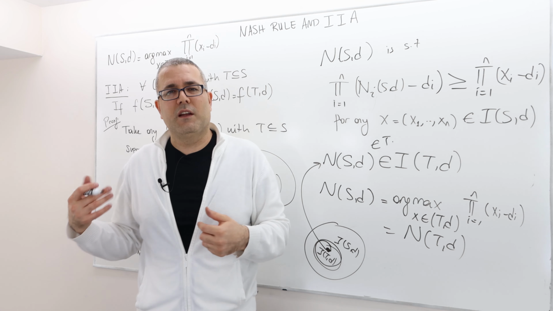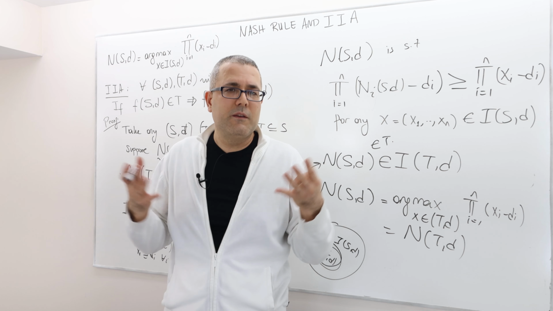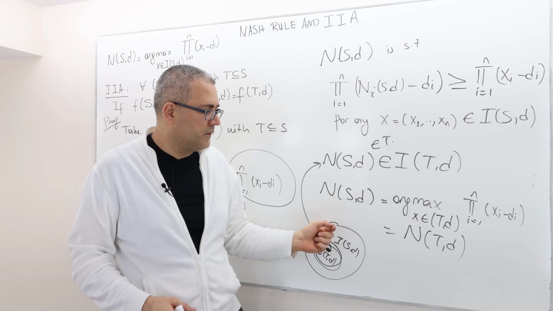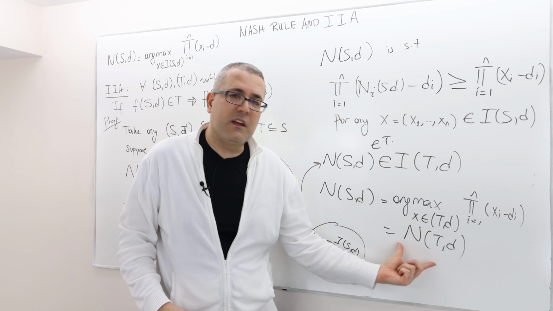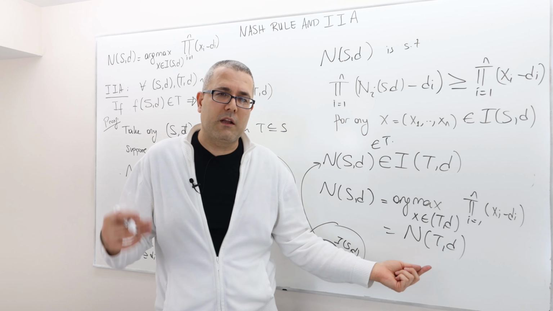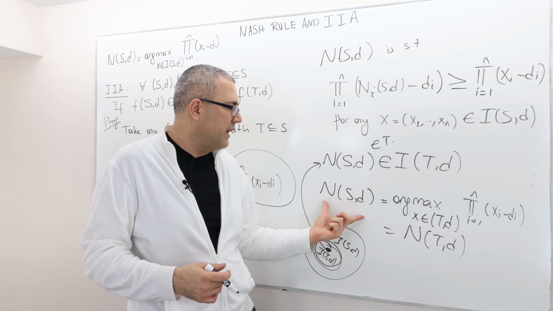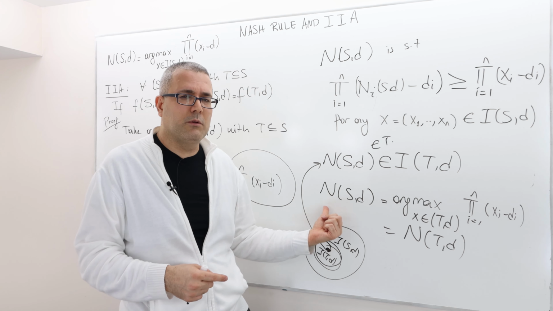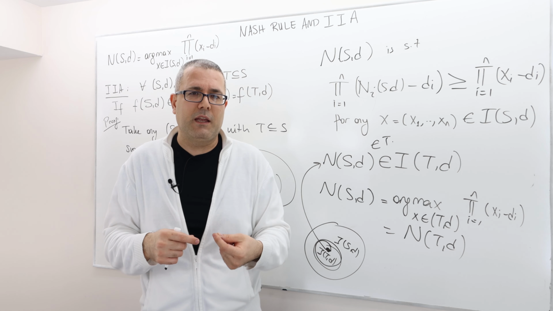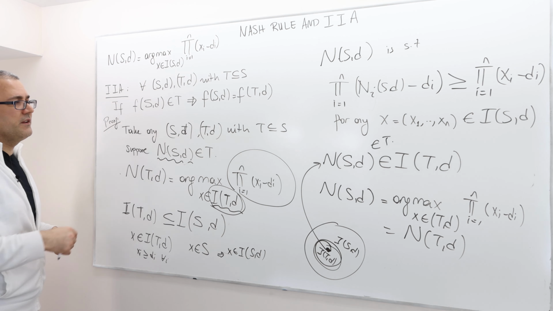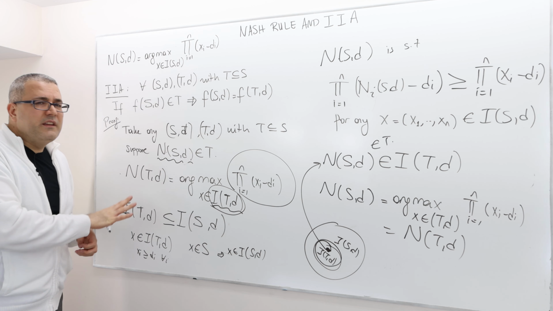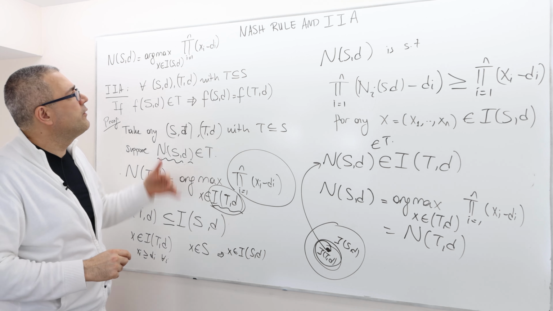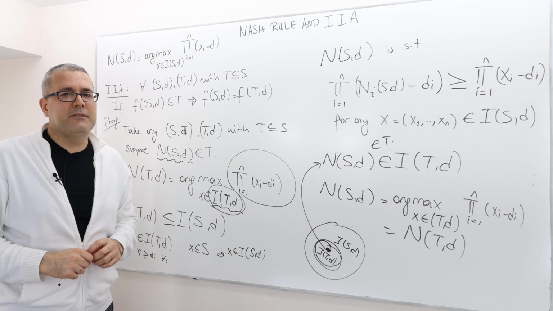Because remember we said the Nash solution always leads to a unique solution, so it's not an element, it's equal to. This argmax problem is nothing but the Nash solution for the bargaining problem (T, d). Hence the Nash bargaining solutions for bargaining problems S and T must be the same, as we requested. We didn't prove it by contradiction; this is a direct proof, but this is exactly how we prove that the Nash rule satisfies IIA. I hope that was clear.